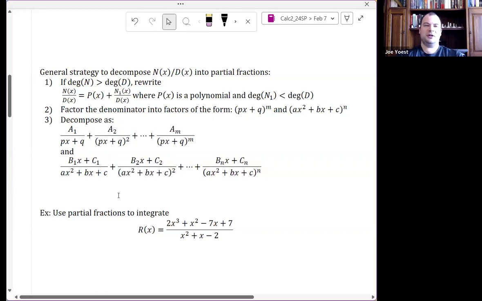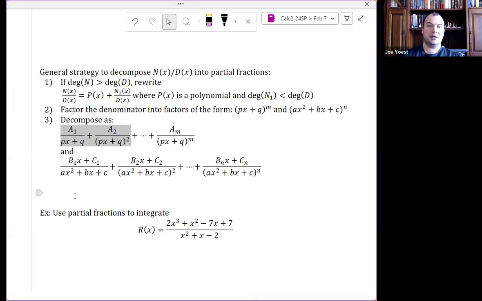Now, practically speaking, for any of these we're doing by hand, we're probably only going to get a quadratic to the first power at most, or maybe a linear to the second power at most. Anything more than that becomes just incredibly computationally complex, and doing it by hand really isn't feasible.